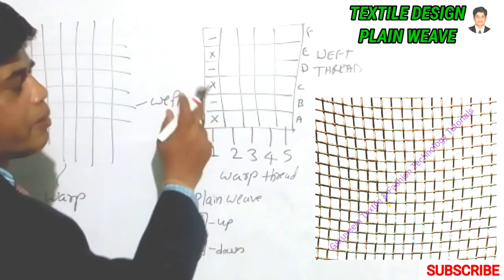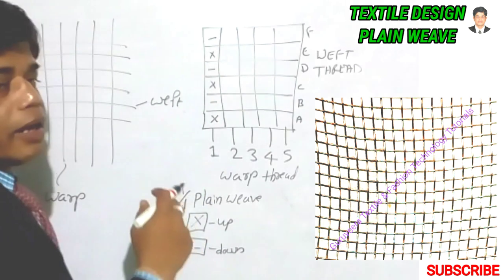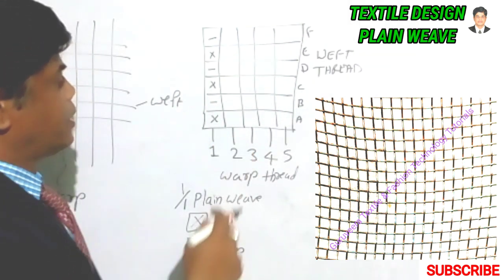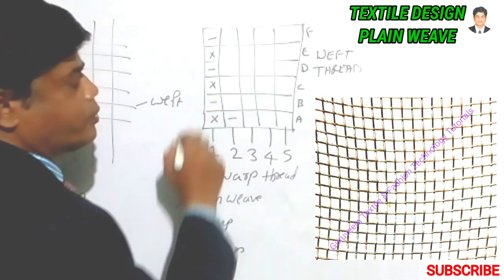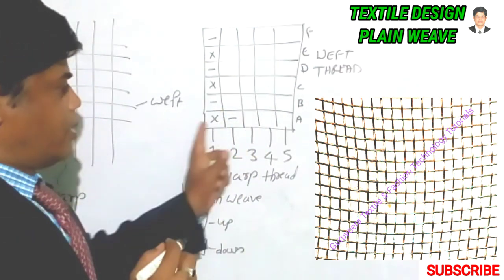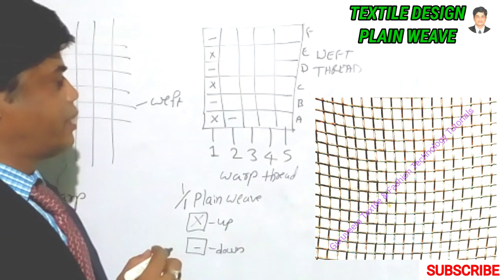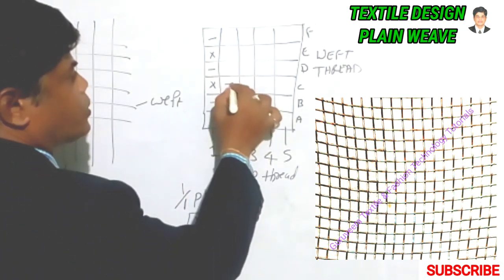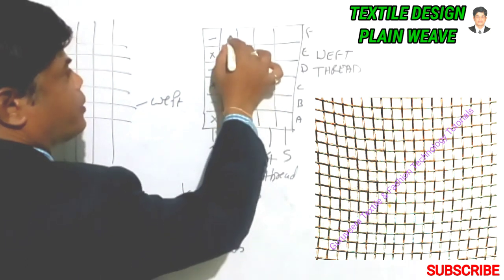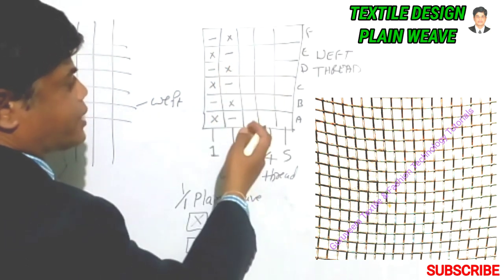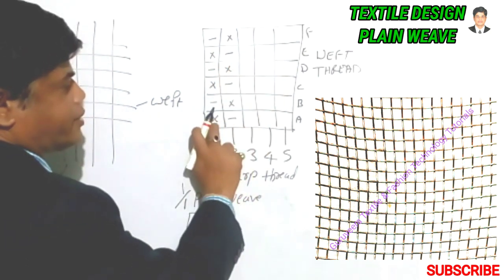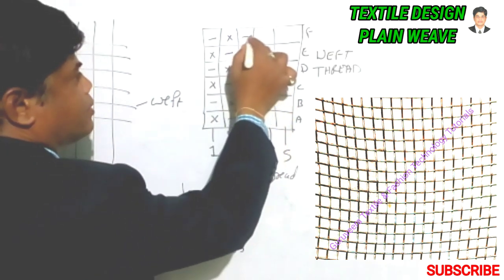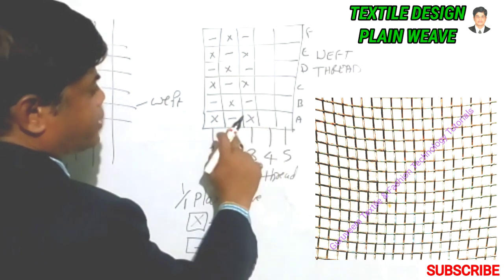Up, down, up, down, up, down. This is the first thread. The second thread is already down under the horizontal thread, that is weft, and it comes up, goes down, comes up, goes down, comes up. Now the next is a repetition of this, the same. Understand? This is a repetition of the second.